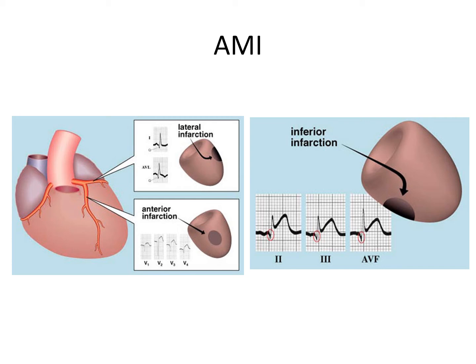And likewise, we can see the presence of a Q wave in leads 1 and AVL if there is a lateral infarction. And finally, in anterior infarction, we see the presence of a Q wave in V1 through V4.